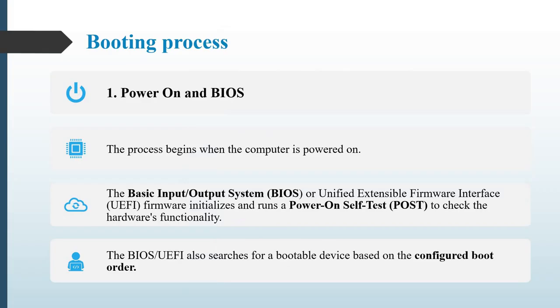The first thing is power on and then BIOS. When we switch on the system, after some time, did you notice that all our hardware parts like monitors, keyboards, and mouses blink their lights for 1 second? What is that?